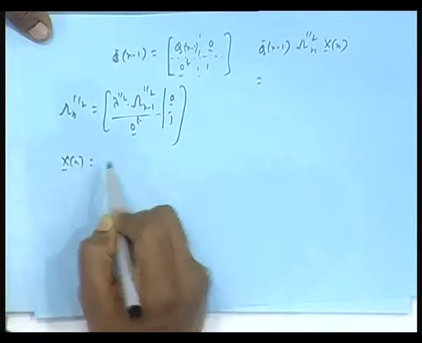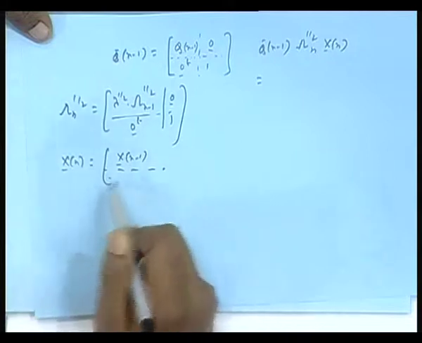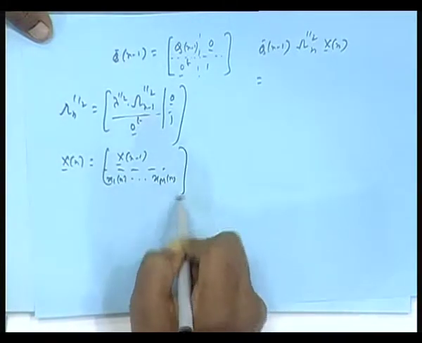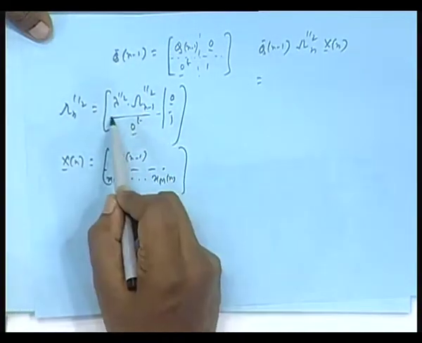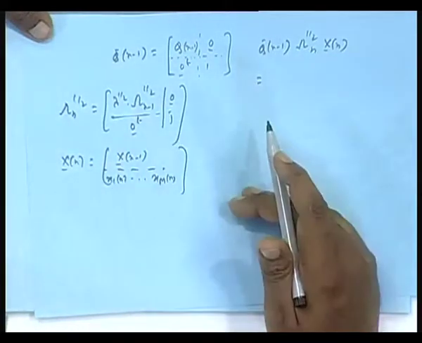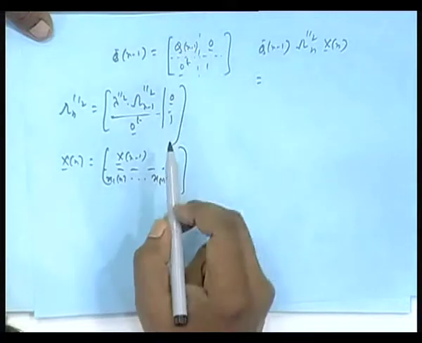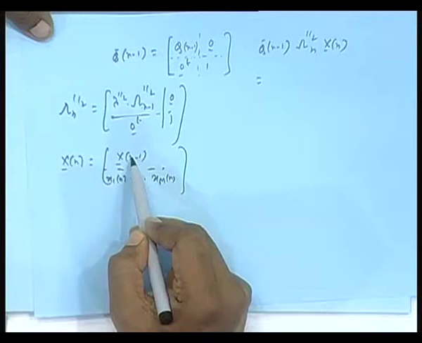Upper half x n is what? X n is x n minus 1 followed by 1 row. The row consists of x 1 n dot dot dot x m n. So, if you do this into this, this part multiplies this and comes on top, and this comes as a row on that matrix. So, this q n minus 1 will work on lambda to the power half into this only.